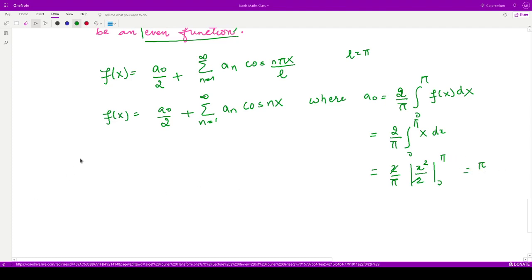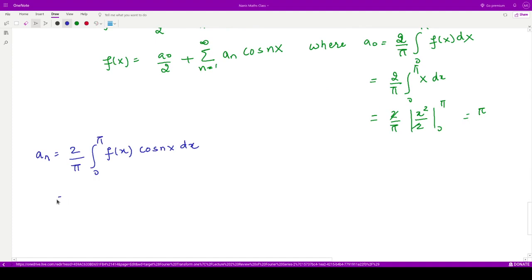So next let us calculate a n. A n would be calculated using this formula: 2 upon pi integration from 0 to pi f of x into cos nx dx. Now your function here is x. So we would have 2 upon pi integration 0 to pi x into cos nx dx. We just have to operate by parts here to calculate this integration.